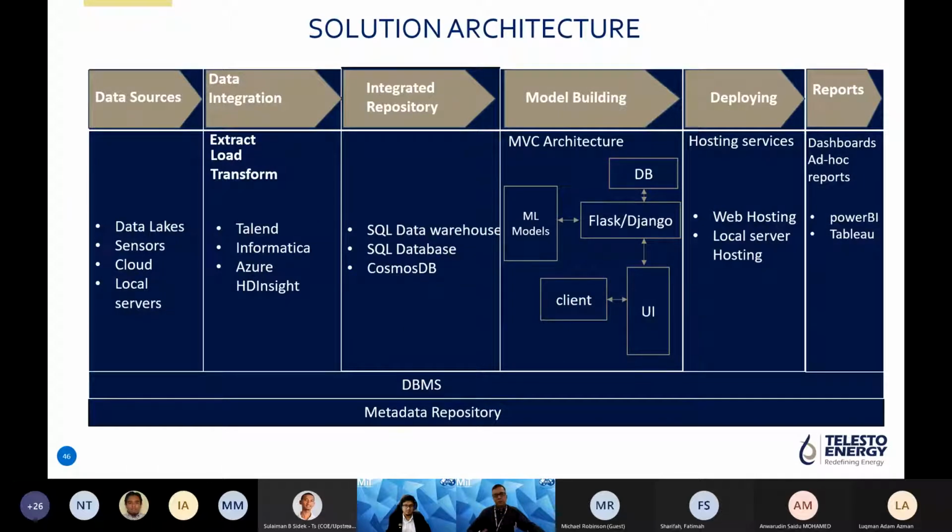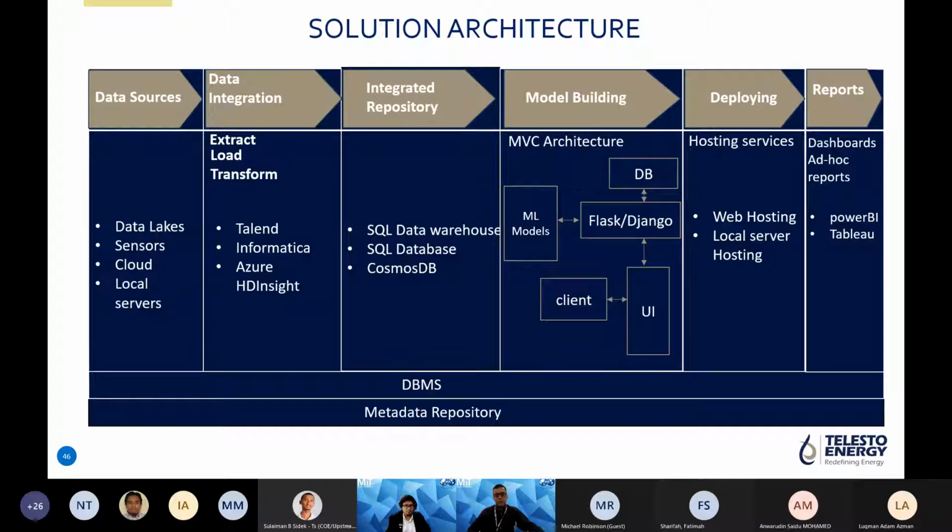If you go with the standard tools such as Power BI and Tableau, you are very much limited in what you can and cannot do, because these dashboards are not built for typical oil and gas applications. These are more for financial and other kinds of industry applications.